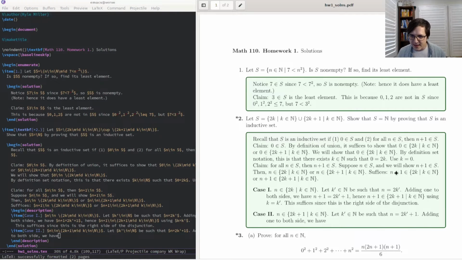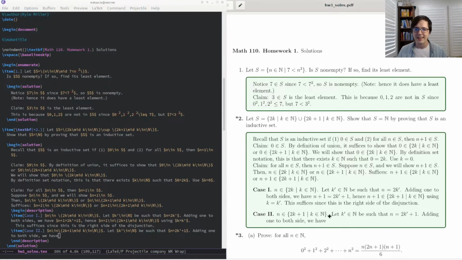Okay, so it suffices to show that n plus 1 is in one of these sets, given that n is in one of the sets. Okay, so second case, n is in the second set, so let's let k prime be such that n is 2k prime plus 1. And, oh yeah, sorry, I'm just kind of writing the proof down, but I've thought about it a little bit already.